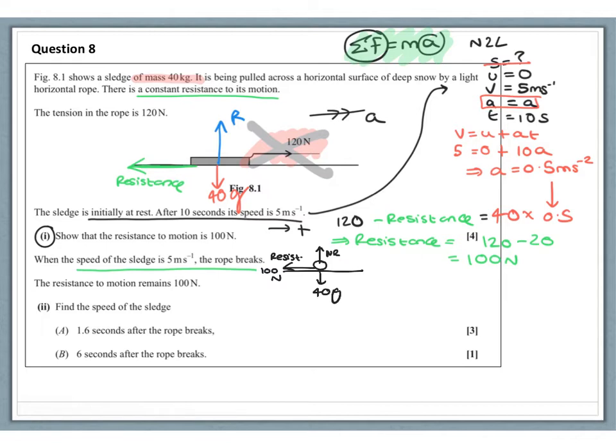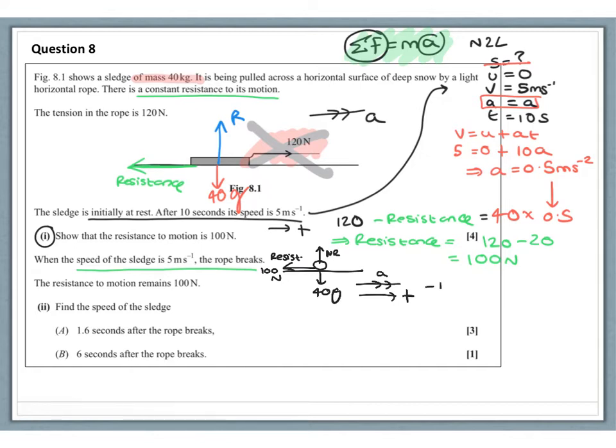Why will the acceleration change? Well, previously the 120 newton force was pulling the object along, and that gave it its acceleration, essentially. That's no longer there. So we have to recalculate what the acceleration will be without the presence of this force. I'm going to take going to the right as positive. I have no forces acting in the direction that I've labelled as positive, but I have 100 newtons in the negative direction.